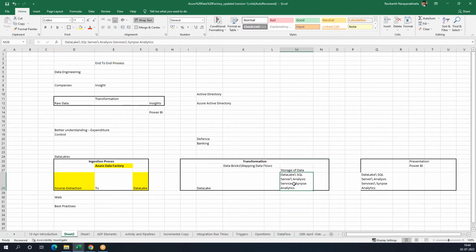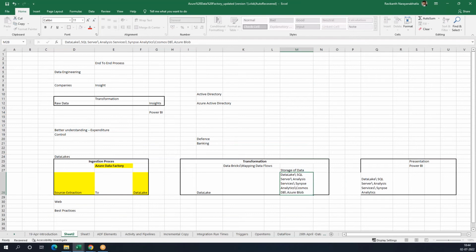And just to let you know, these services that I told you are just some sources. There are an enormous number of target storages. You can also store it in Cosmos DB, which is a document DB. You can, as you said, store the file as a binary object in Azure Blob. You can store into different containers or tables.